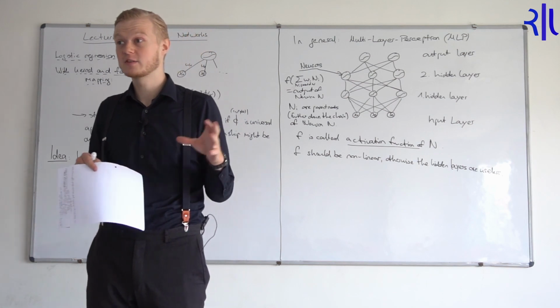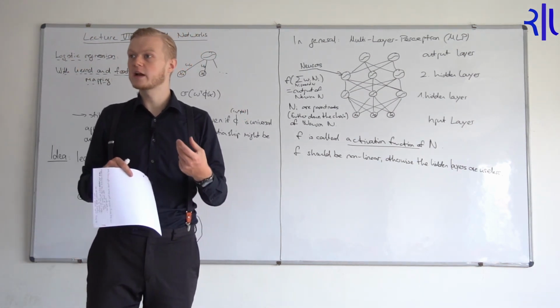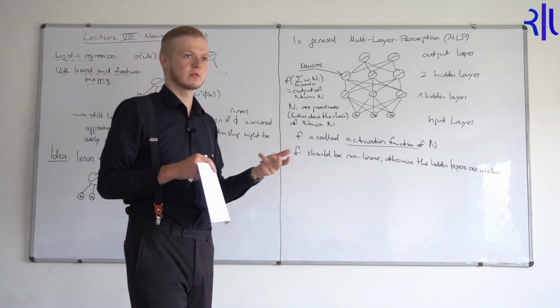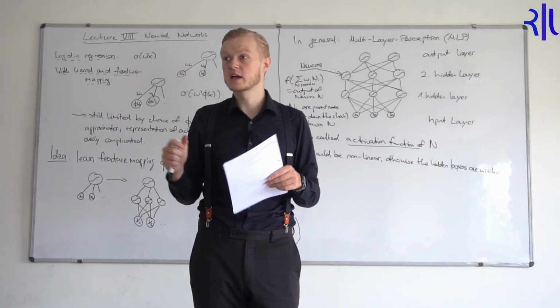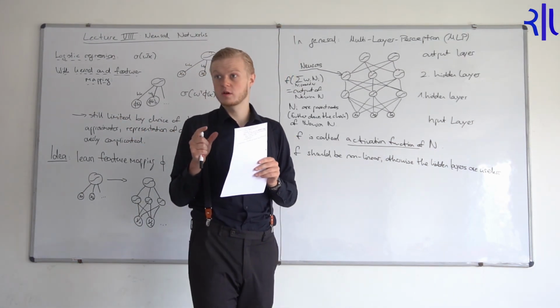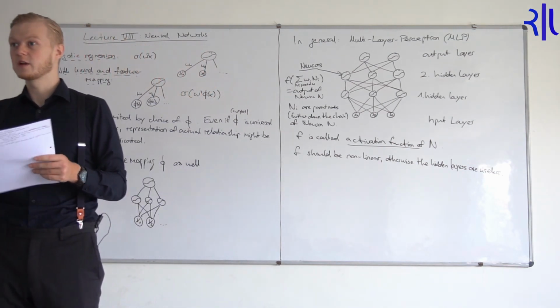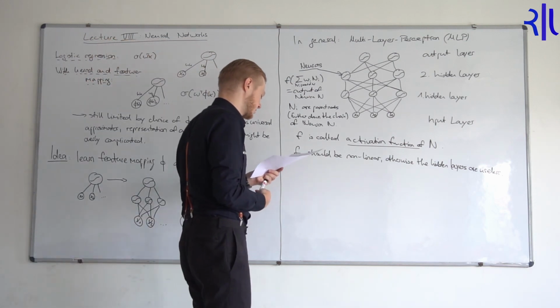You can easily calculate that each layer with a linear activation function is like a matrix multiplication, and several matrix multiplications can be condensed down to just one matrix multiplication. Therefore, the layers would be useless. So we need a non-linear activation function.